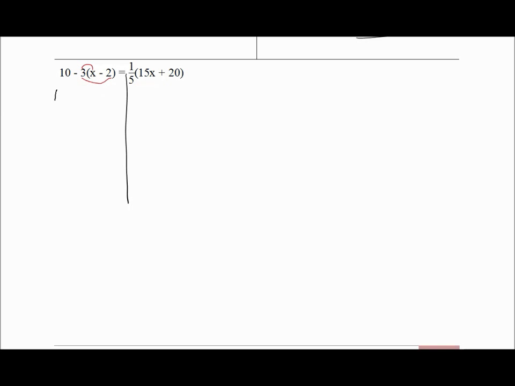That will give me, bring down the 10, negative 3x plus 6, and then 1/5 times 15 is just 3x, and 1/5 times 20 will give me 4. Now see here that on the left I can combine like terms. So that'll give me 10 plus 6, which is 16. Bring down everything that's left.